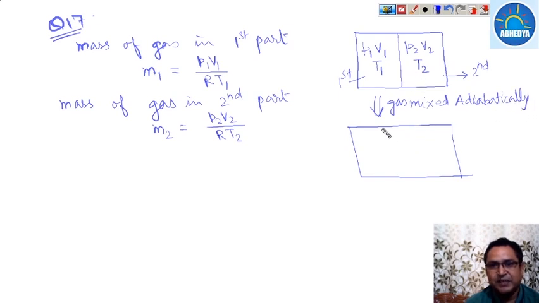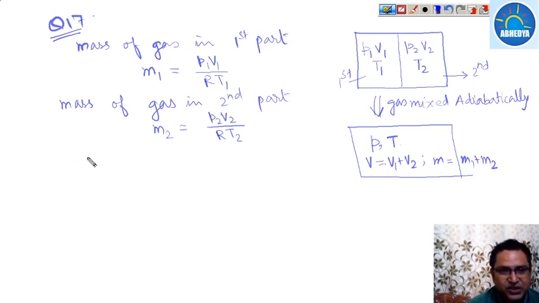So when the gases are mixed adiabatically, let us assume that the final pressure is P and the final temperature of the system will be T. Obviously, when they are mixed, what is the final volume? The final volume V is nothing but V1 plus V2, and since there is no change in mass, the final mass will be equal to M1 plus M2.